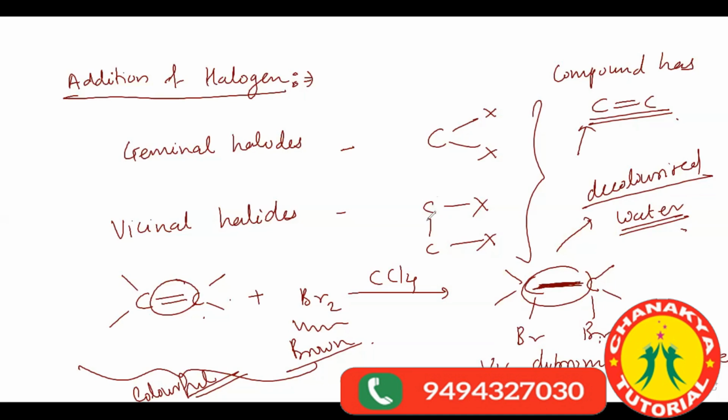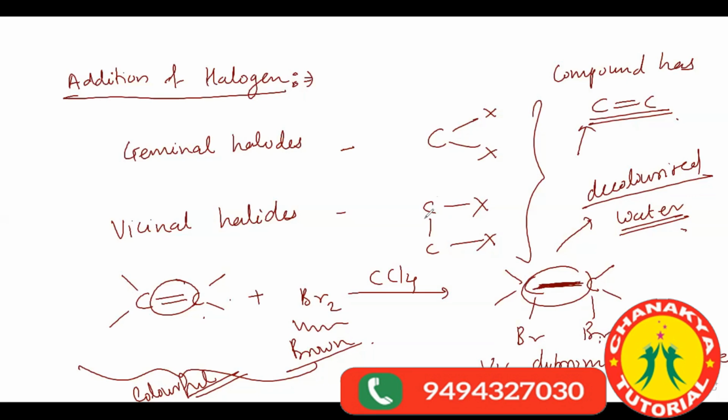When bromine water's brown color disappears and it converts into water, at that time what you have to think is whether a carbon-carbon double bond is present or absent. If decolorization happens, a carbon-carbon double bond is present.